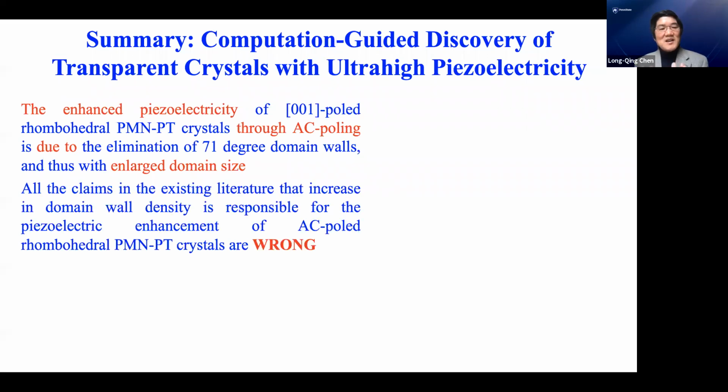This is actually in contradiction to the claims in the literature. So we basically claim that the increase in domain wall density being responsible for the piezoelectric enhancement, as claimed in the literature, is actually not correct.